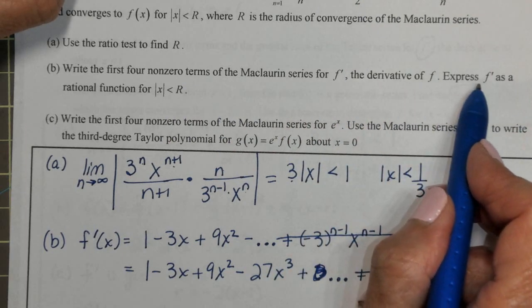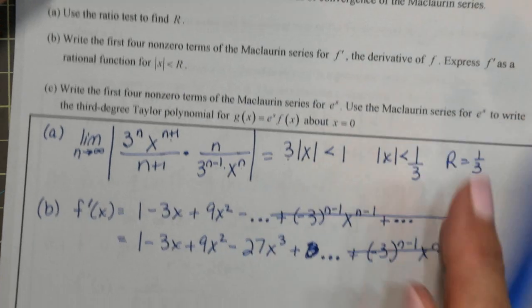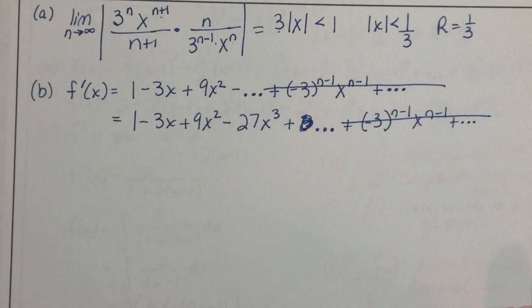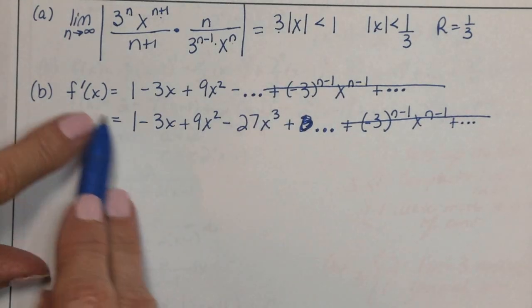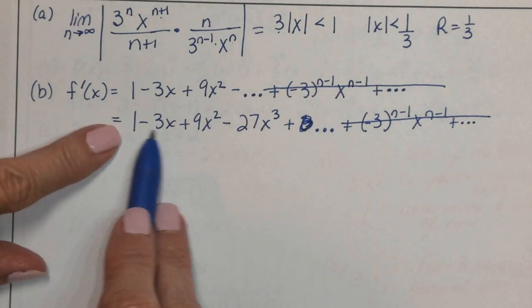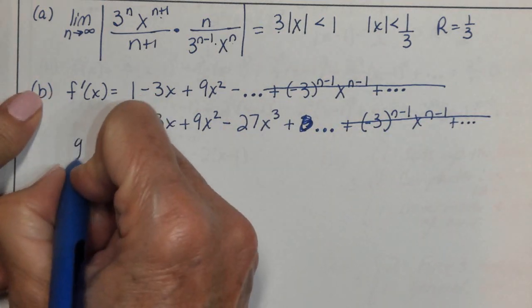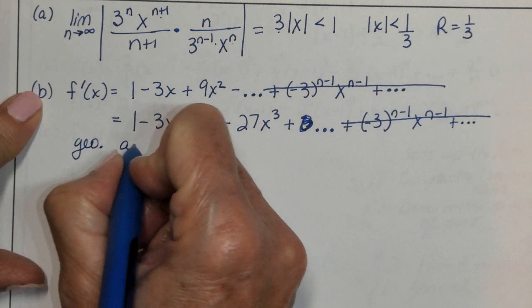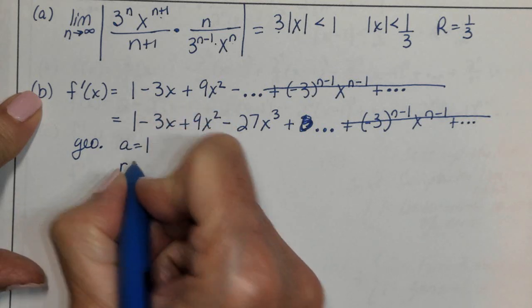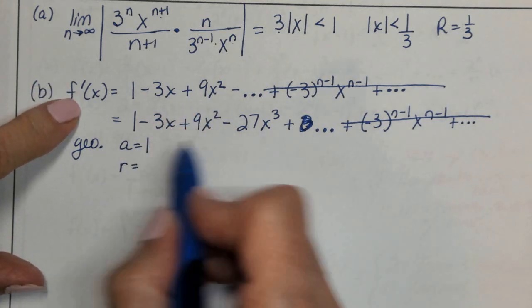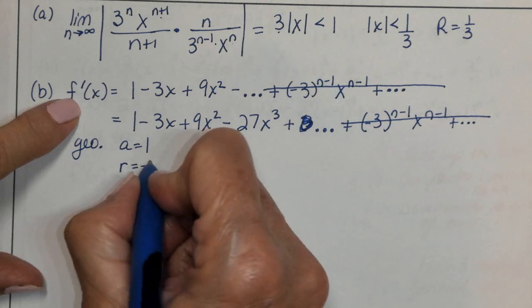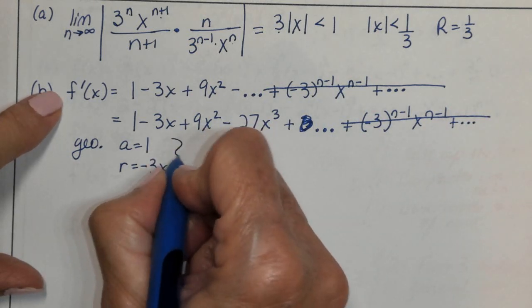All right. Now we're going to express f prime as a rational function. When you look at these, f prime is geometric. The first term is 1. What is the common ratio? What are you multiplying by each time? Negative 3x.